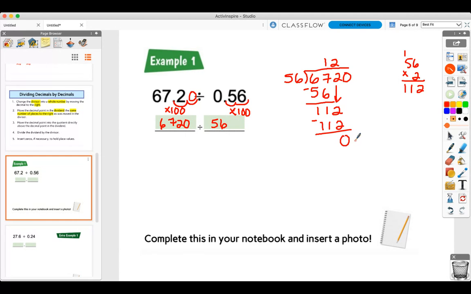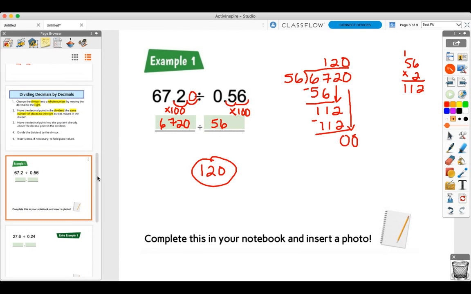Subtract, and you get 0. Bring down that 0. How many times does 56 go into 0? 0 times. And that's your answer. So your answer is going to be 120.